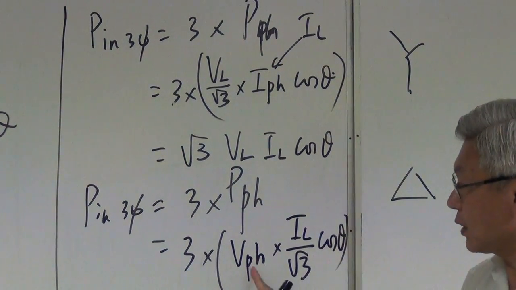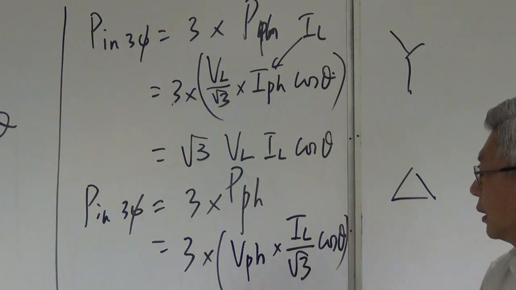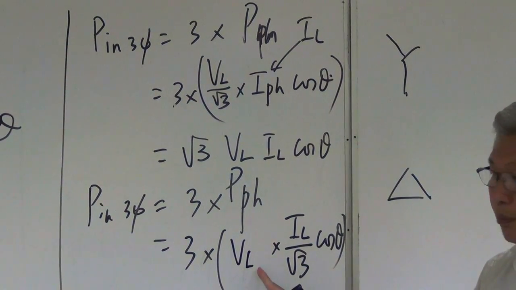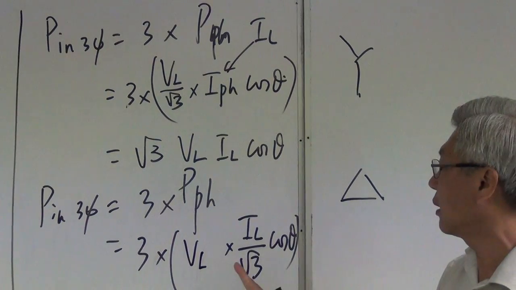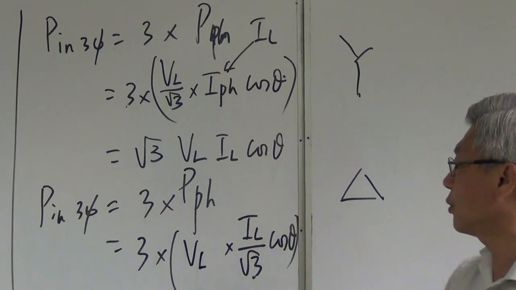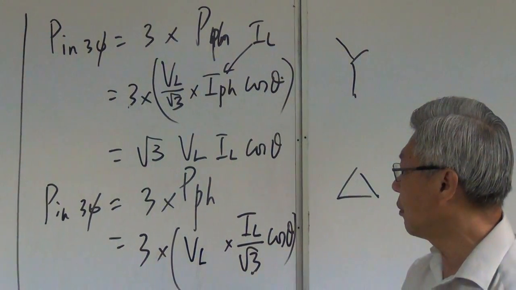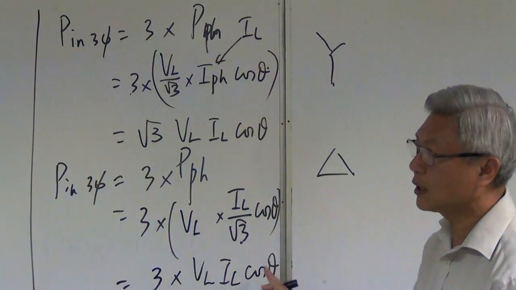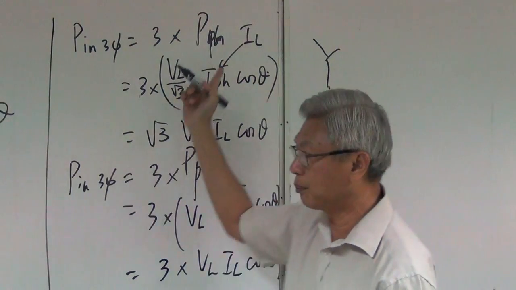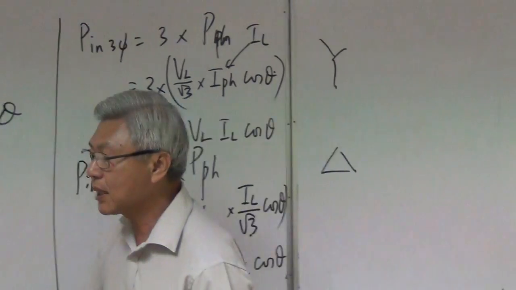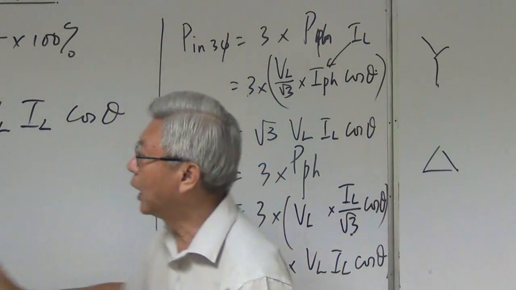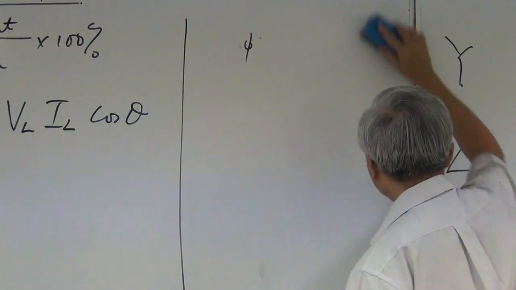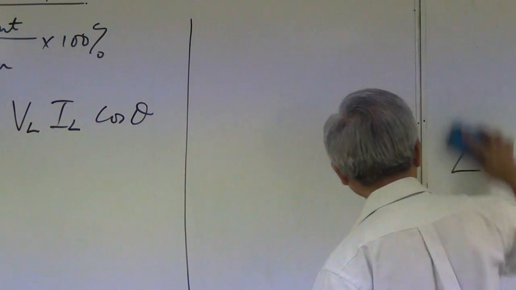Since phase voltage and line voltage are the same, I can put line voltage. Again, 3 divided by square root 3 gives square root 3 multiply VL IL cosine theta. And that's how this formula comes about. It is just the proving. Be it a star circuit or delta circuit, the total input power is equal to square root 3 VL IL cosine theta.